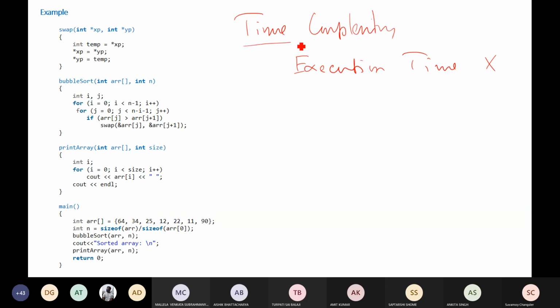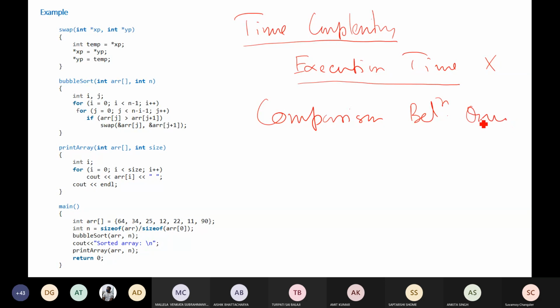Time complexity analysis is not to find the execution time of a program. Rather, we can say that it is a comparison between more than one algorithm.